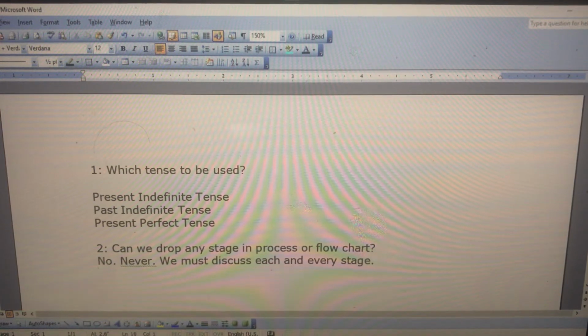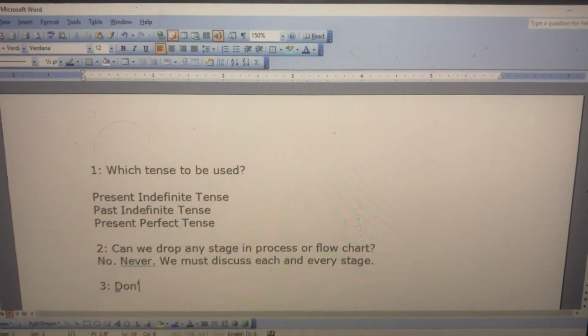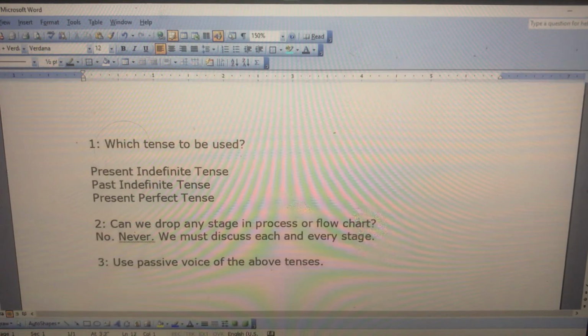Okay. The next important point and next very important question: don't use, yeah, this is an important point, use passive voice of the above tenses.